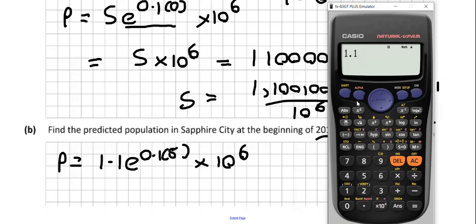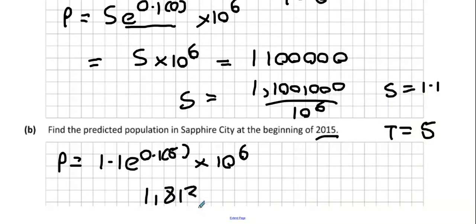1.1. Shift, what's the e, yeah? 0.1 to the power of 15, and multiply by 10 to the power 6. Who got 1,813,593 people? 1,813.